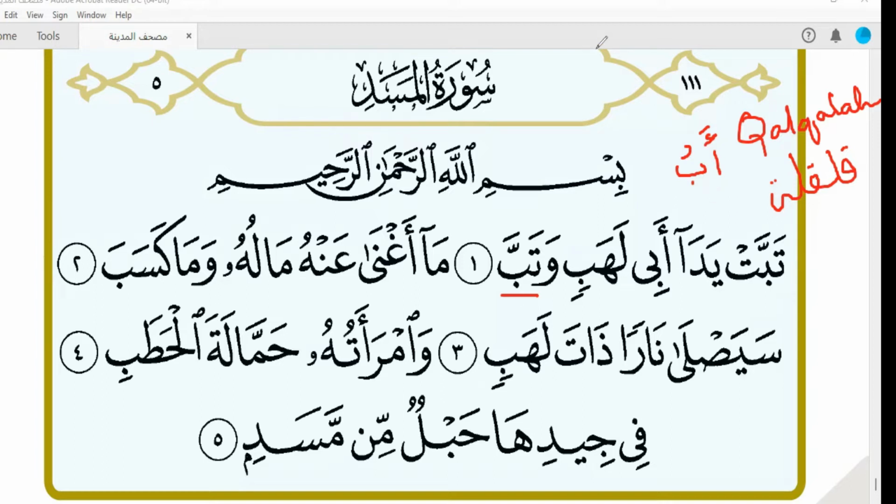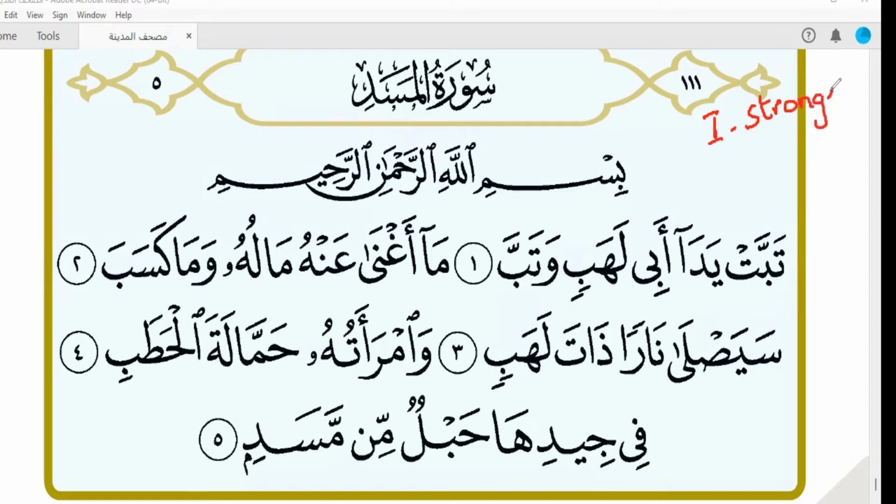Now, there are 3 different levels of qalqala. The first one is the strongest, where you stop at a word that has a qalqala letter at the end, and there should be a shadda on the qalqala letter, like here. You're stopping here because it's at the end of an ayah. So the haraka is removed, but there is also a shadda here.